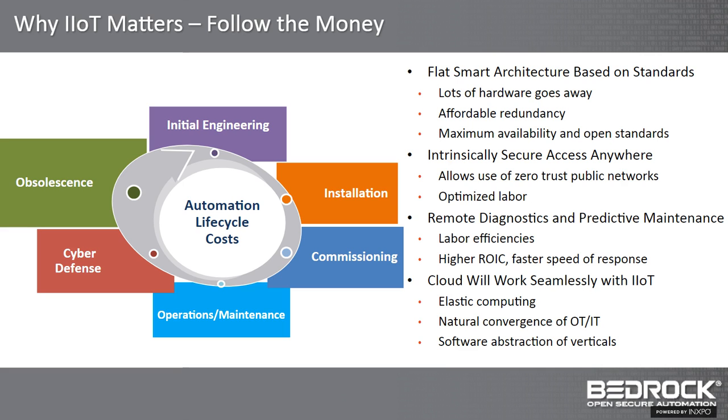Remote diagnostics and predictive maintenance, again, labor efficiencies, maximum return on invested capital, faster speed of response. You want to use this technology in a pragmatic way so that you can protect your current investment with smart, small improvements. You can bring legacy technologies that are digital into a secure Ethernet environment and get it to the internet.